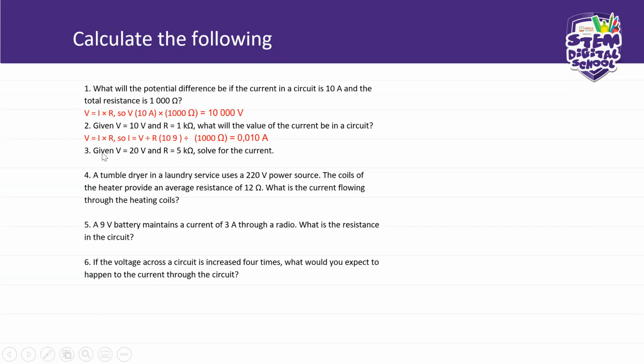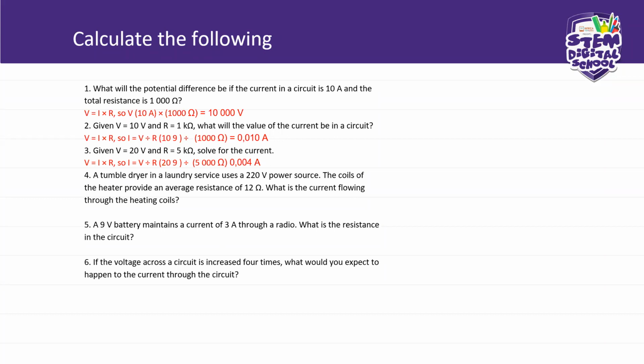Right. Given voltage is equal to 20 V and resistance is 5 kilo ohms. So 5 kilo ohm is 5,000. So for the current, 0.004 amps.